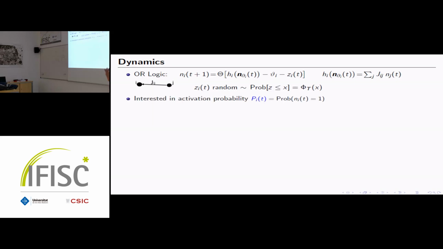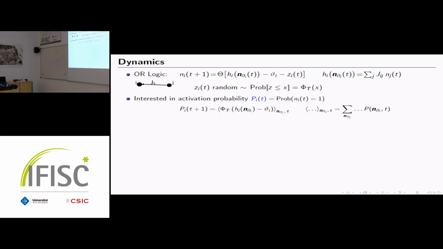We are interested in a quantity like the activation probability, meaning the probability that a gene I is expressed at any time. So what is this? If I look at this equation here, the probability that Ni is 1 is equal to the probability that Z is less than Hi minus theta I, which will happen with a probability phi.